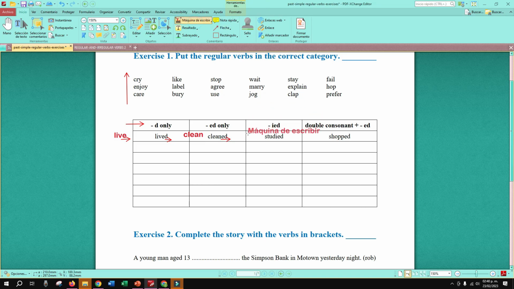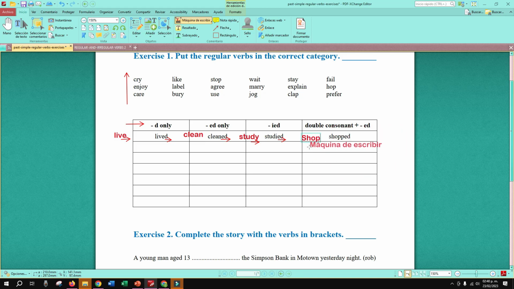What about this one? Study. Look at this one. Study. You have a consonant at the end, right? So you need to change the Y to I and add ED, right? Also, you have this, shop.